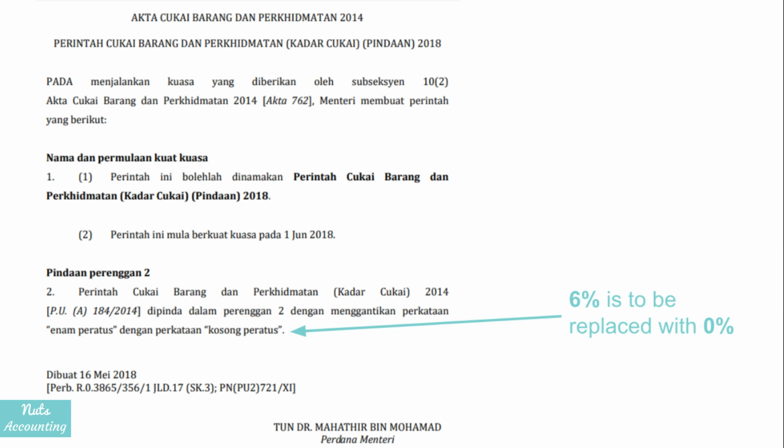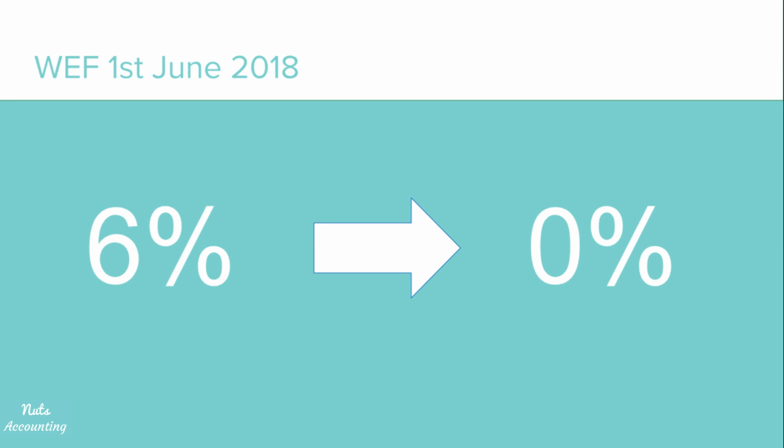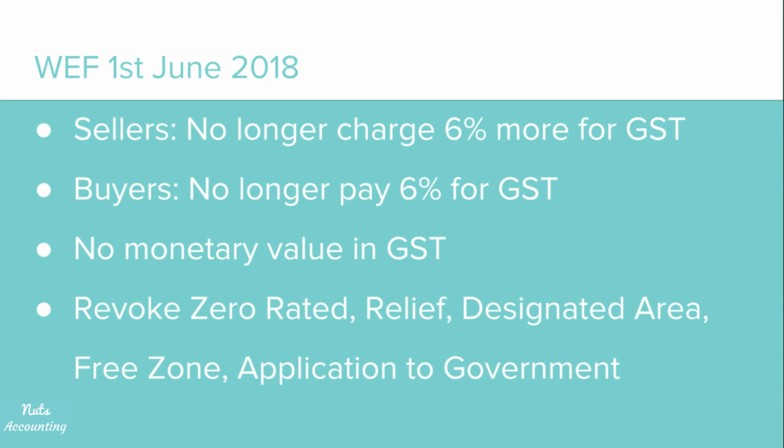So the only thing that changed with effect from 1st of June 2018 is just the percentage value of the GST. And it also means there's no longer monetary value. For example, as an end consumer, when you go shopping and you buy some products, there's no longer GST being charged to you.